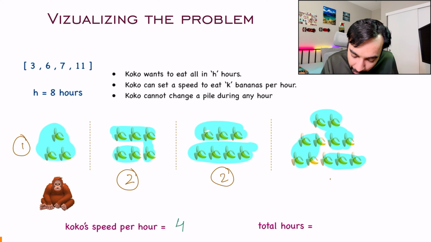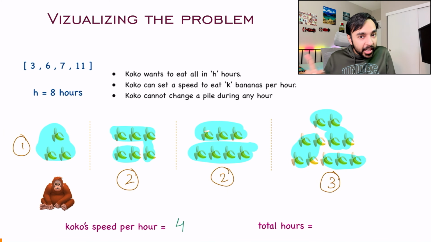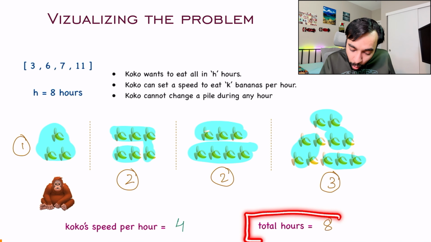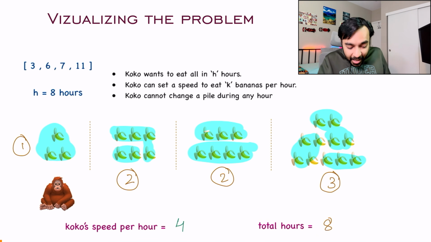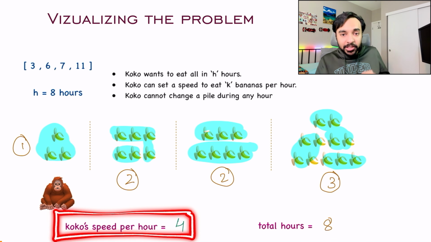So for the last pile, she took a total of 3 hours. Now, if you add up all of these values, you get a total of 8. So if you notice, she ate all of the bananas in 8 hours and that was the time available to her, correct? So that is why 4 is the minimum possible speed by which Koko can finish eating all of these bananas, correct?